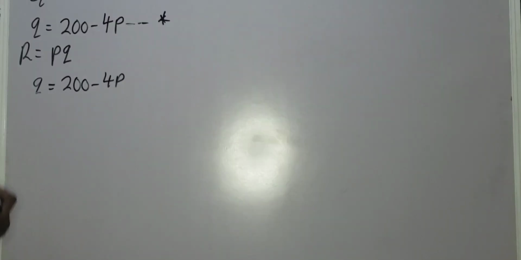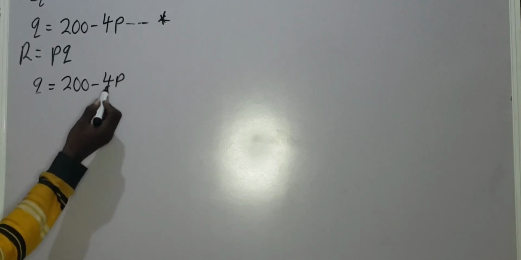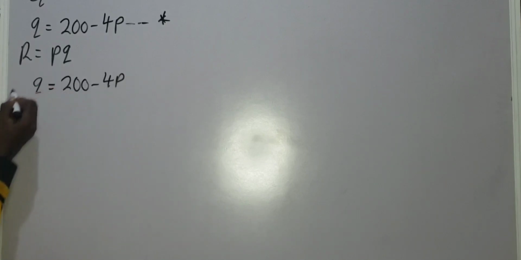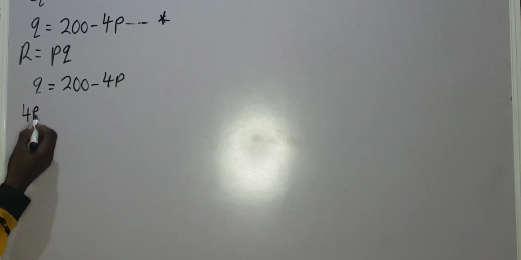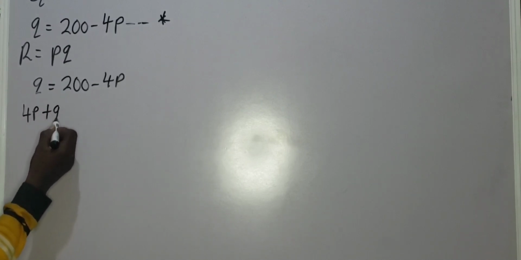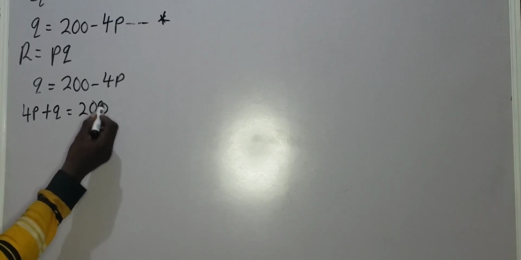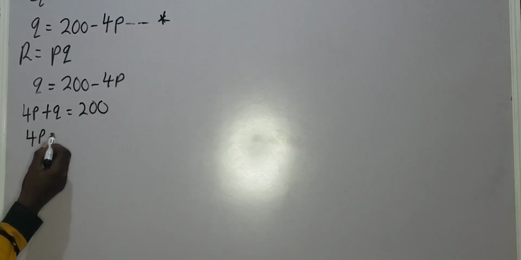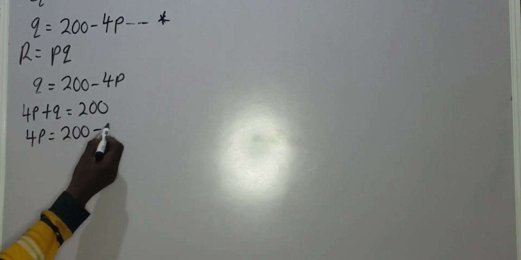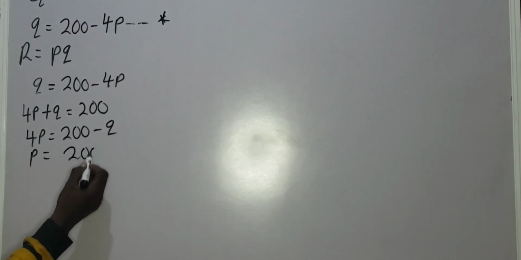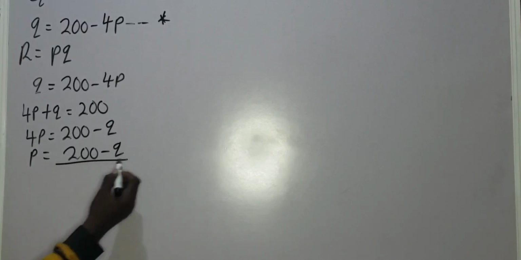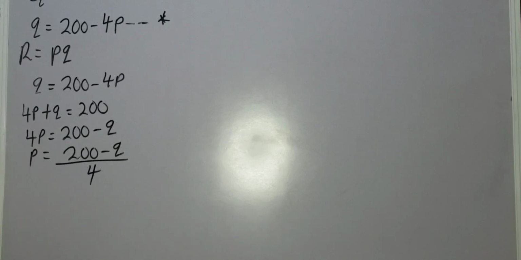Move negative 4p to the other side of this equation. It will change to positive 4p. So I'm going to have 4p plus q is equals to 200. So 4p is equals to 200 minus q. Okay? So p is equals to 200 minus q all over 4. Do you understand? So I have made P the subject of the relation.